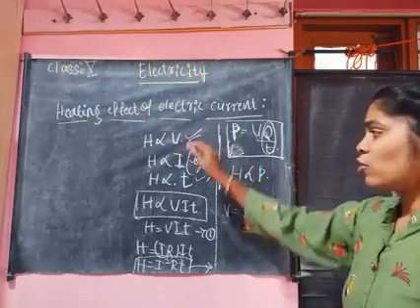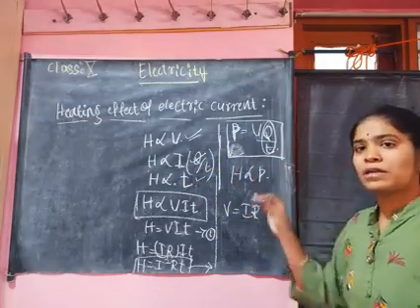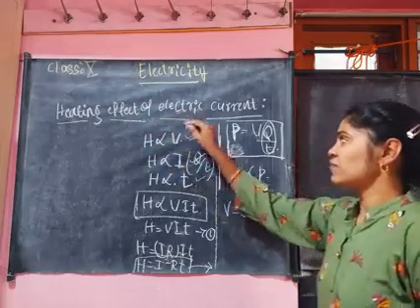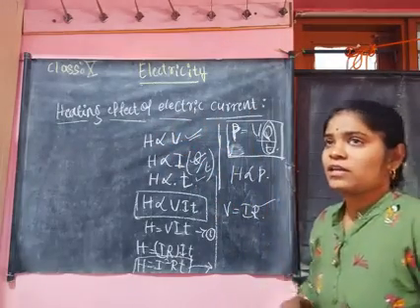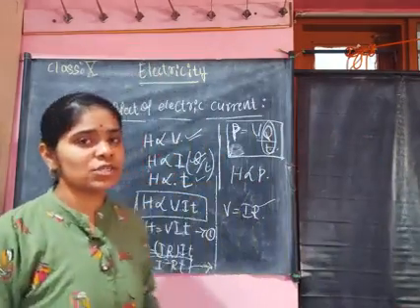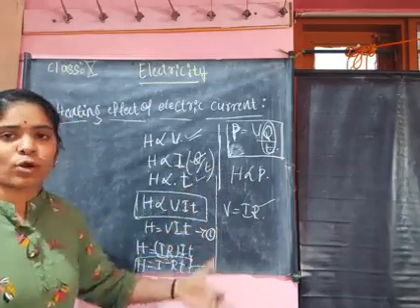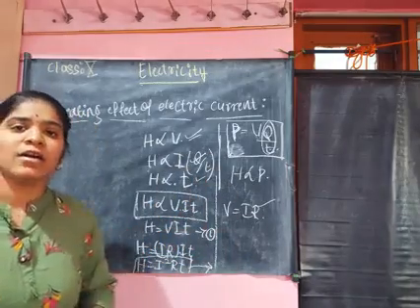So these are some formulas and conditions for the heating effect of an electric current. If they give you some conditions, you will be able to solve the problems based on this.